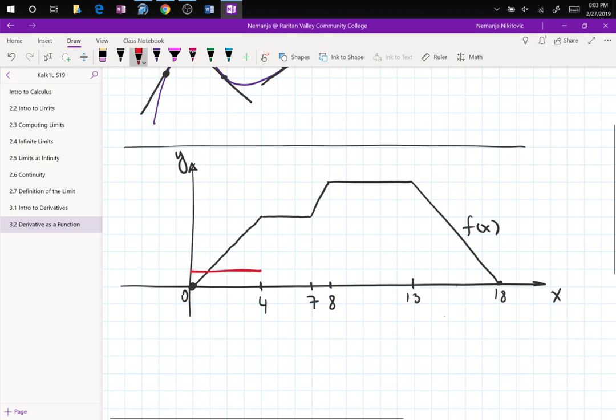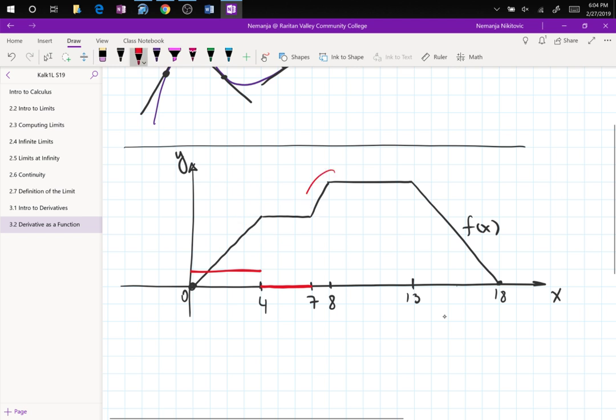What do I get to draw from 4 to 7? 0. Why do I draw 0? The slope is 0. There is no change on this part. The derivative measures change, and this is flat. There's no slope. Slope is 0, so we draw 0.